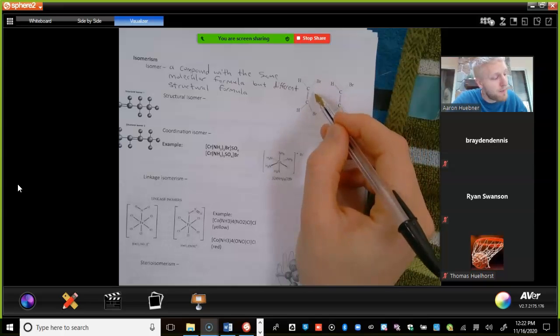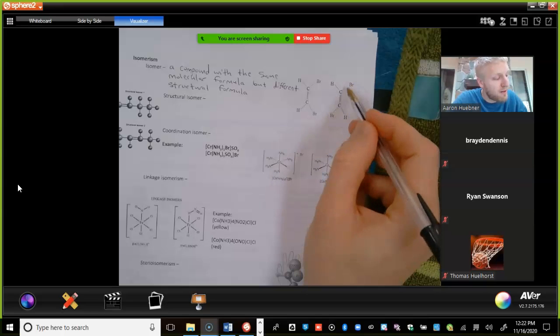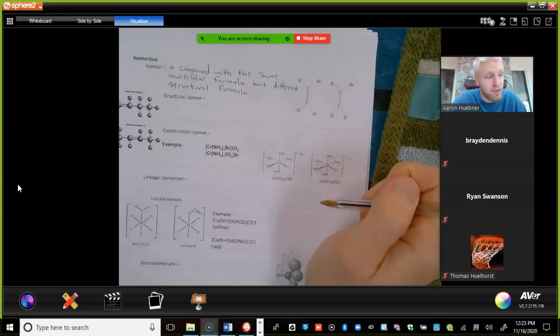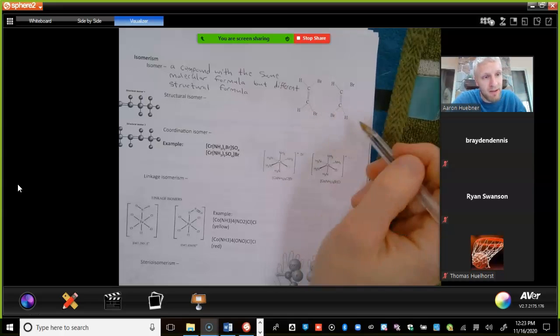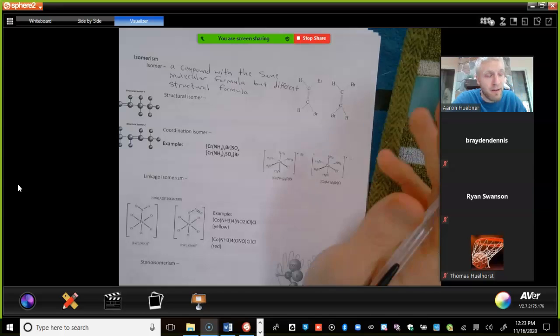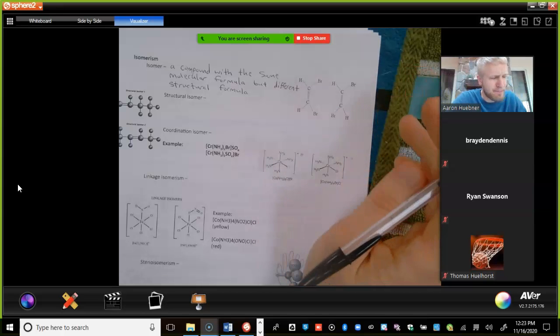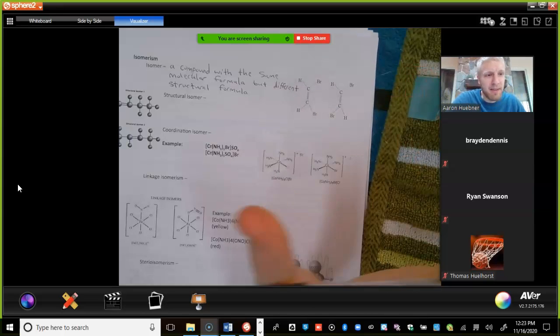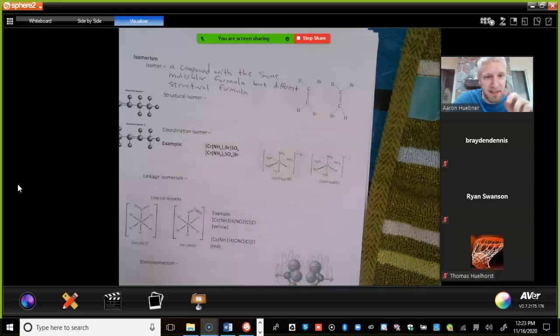That's higher energy. And then you got the trans conformation, where the electronegative entities are as far away from each other as possible. Same molecular formula, but they have different structure, and therefore different chemical properties.